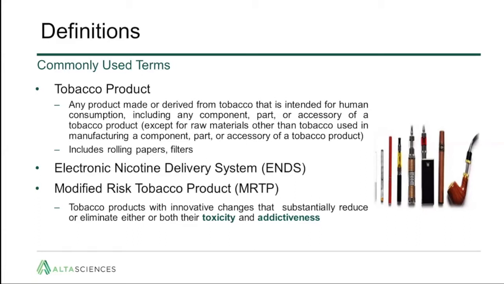These are devices that heat and deliver nicotine, and you see a few examples there on your right-hand side. Modified risk tobacco products, or MRTP, are tobacco products that have innovative changes that substantially reduce or eliminate either or both the toxicity and addictiveness of the product. And we'll be talking a lot about those and how those are evaluated in clinical trial settings.